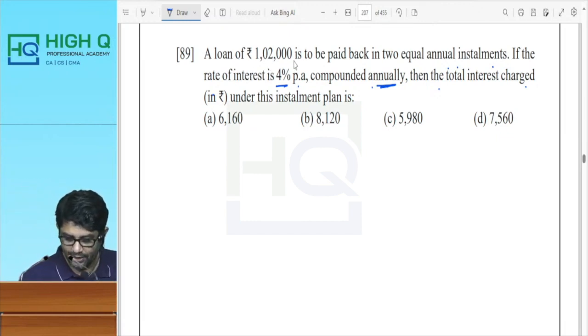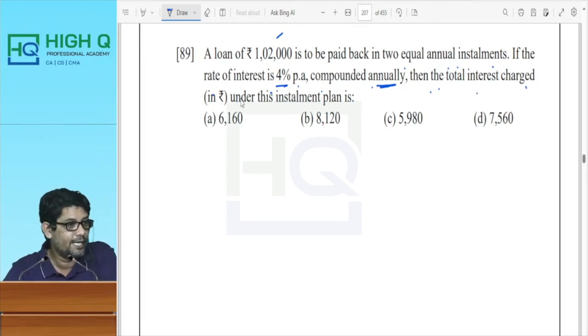A loan of 1,02,000 is to be paid back in two equal annual installments. The rate of interest is 4% compounded annually. So the loan amount is 1,02,000, paid back in two equal installments.